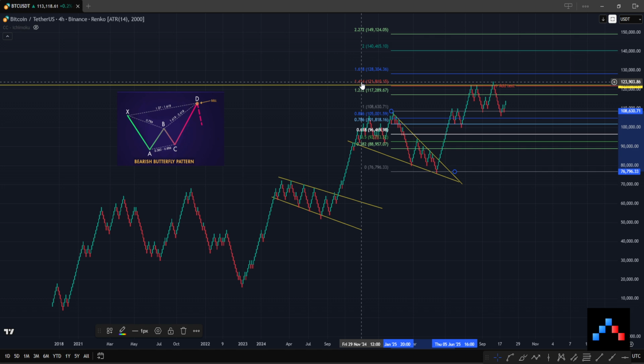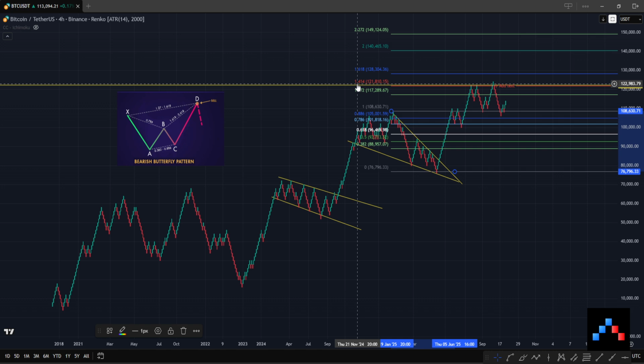It's very well known as being one of the strongest rejection points, along with 1.272 and 1.618. So what do we have here? We have the harmonic pattern, and we have the Fib extension at 1.414.